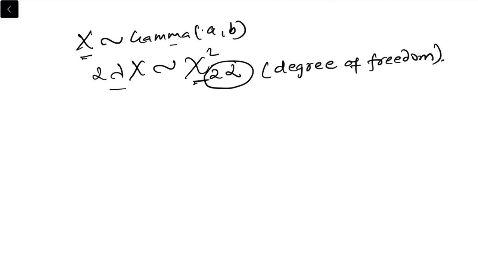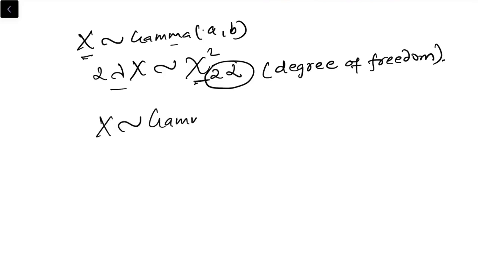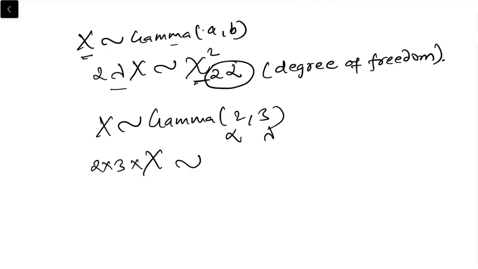Okay. So whenever x follows gamma distribution, we can say 2 lambda x follows chi-square 2 alpha. So for example, x follows gamma 2 comma 3, so this is alpha and this is lambda. So 2 times 3 times x follows chi-square 2 times 2, which is 6x follows chi-square 4, right?